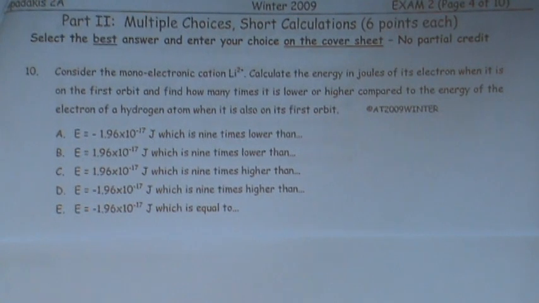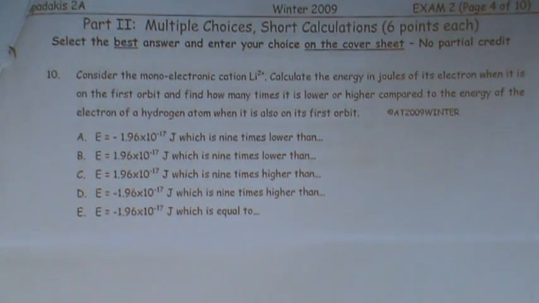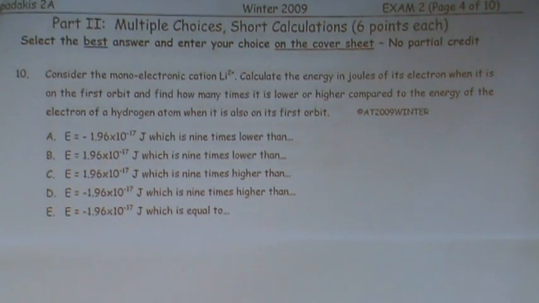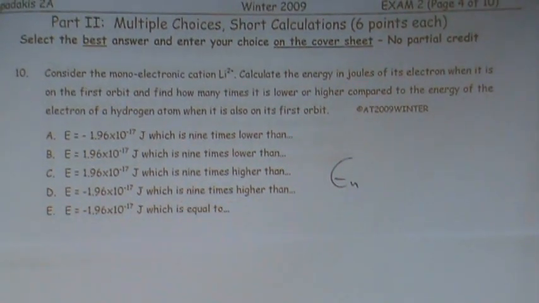Okay, well, this problem is based on the equation of energy of a monoelectronic species, correct? You remember we had an equation that gives us the energy of an electron of a chemical species that has a nucleus. We don't care about the charge of the nucleus, but it has only one electron.